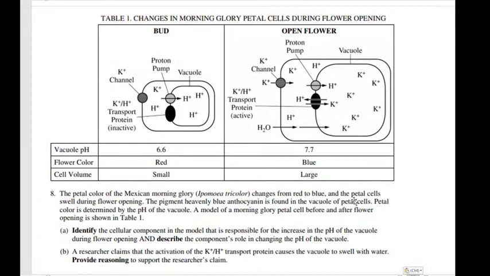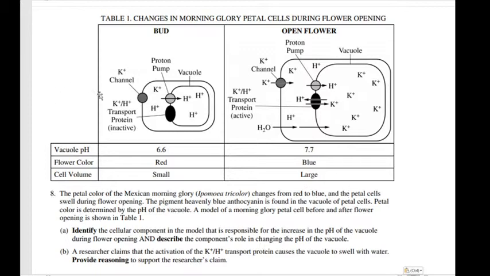So, looking here, the open flower, we have the differences between these two. This vacuole contains a bunch of hydrogen ions here in the bud, and I notice that in the open flower we have a bunch of potassium ions in there and hydrogen in the cytoplasm.